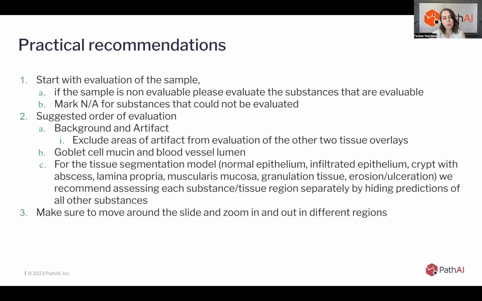And you'll see how it's really easier to look at one substance at a time because the tissue segmentation model segments many different regions on the slide. And make sure to move around the slide and zoom in and out in different regions, because your evaluation is really not based on one level and not based on one tissue region, but on the entire slide.